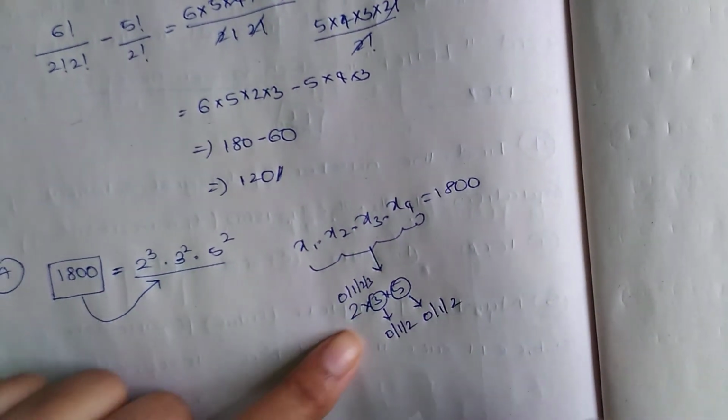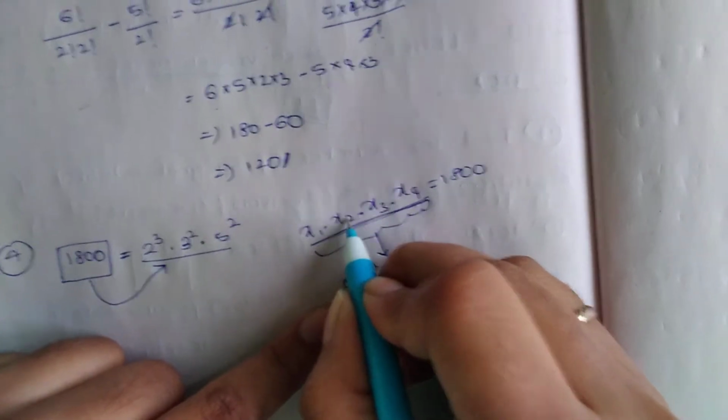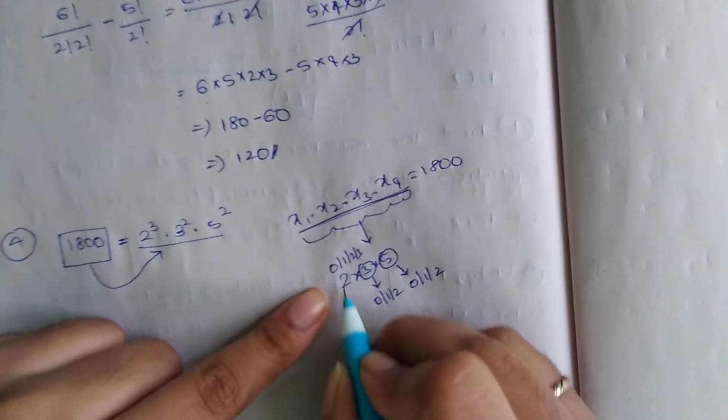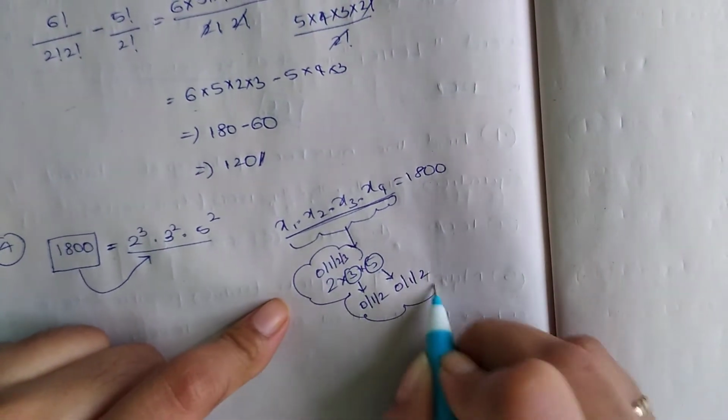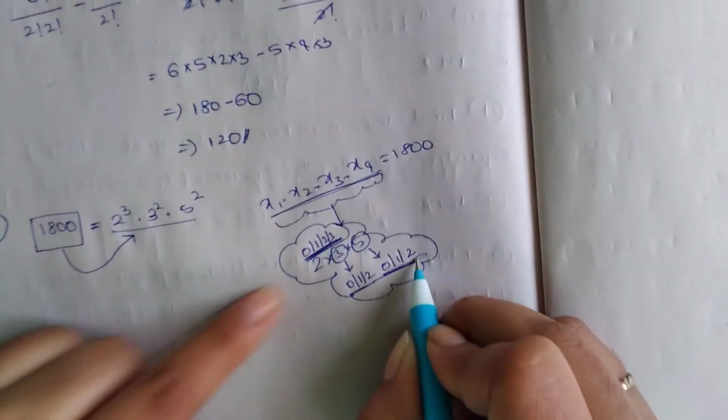Are you all getting it? All these x1, x2, x3, x4 should be of the form 2 into 3 into 5, and the possible powers are these.